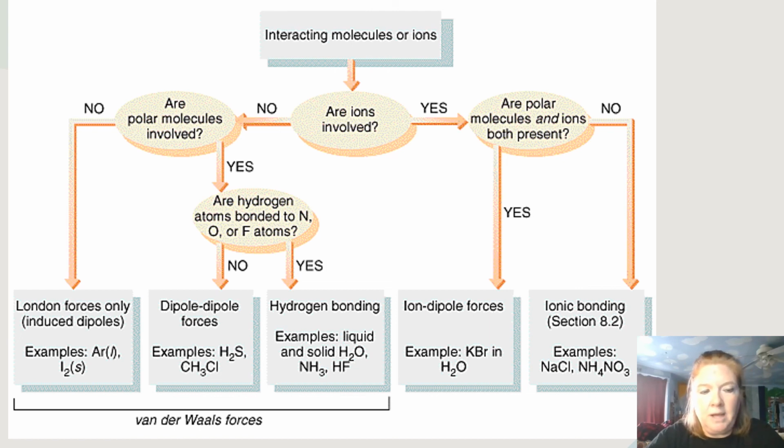If there are polar molecules, we have London. If we have polar molecules, we can have dipole-dipole and hydrogen bonding. If we don't have polar molecules, that means nonpolar, then we only have those London dispersion forces. And all three of these together are forms of van der Waals forces.